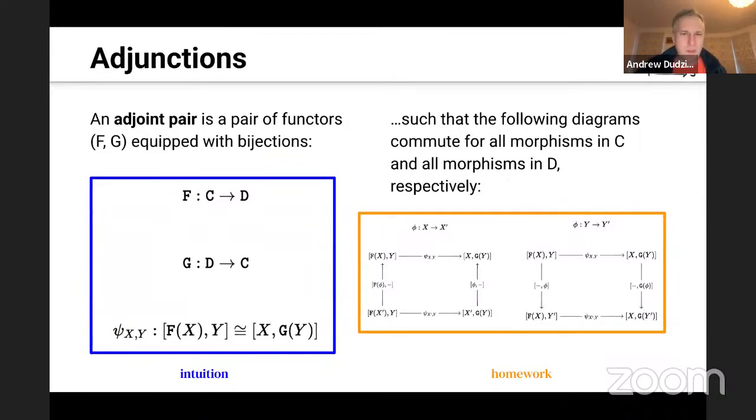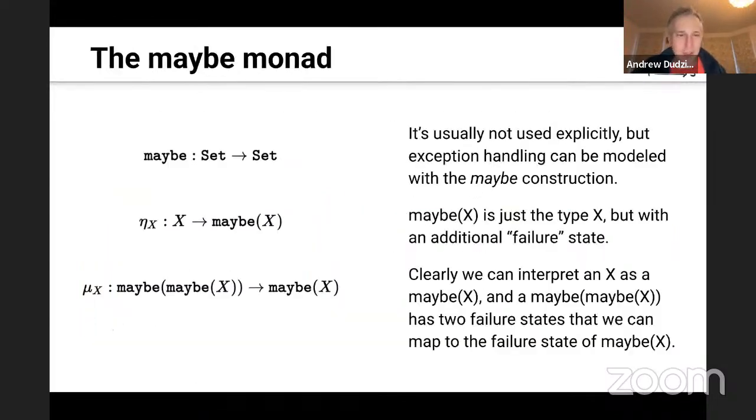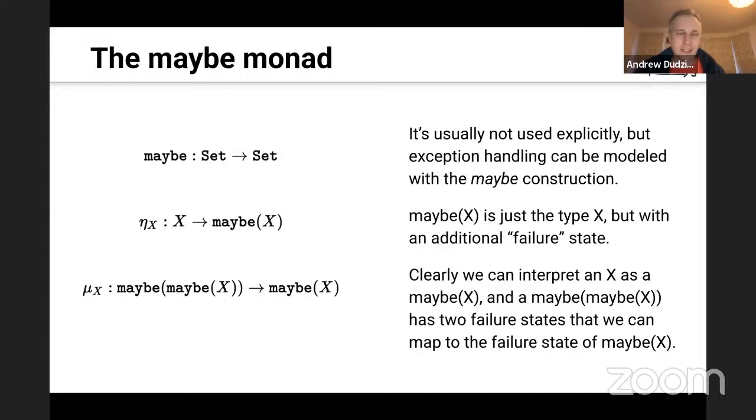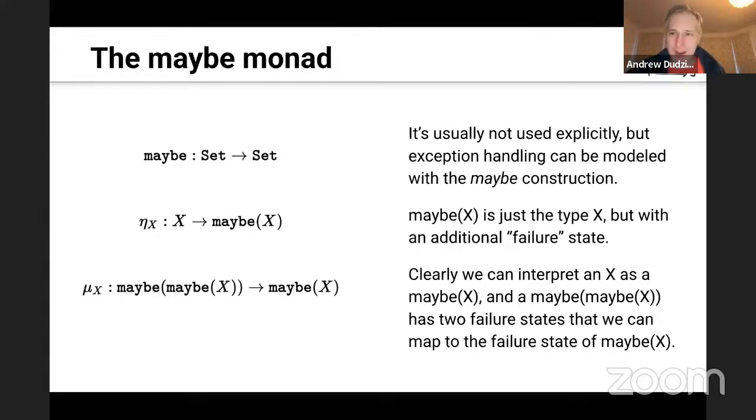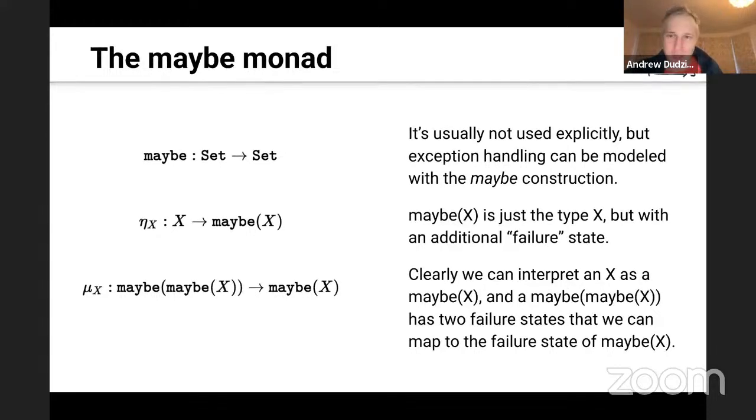Okay. So moving on to the second example, slightly different flavor, but you'll see a lot of similarities, is the maybe monad. By maybe X, all that I mean is the type which might be an element of X, or it might be a null value, or a failure value.